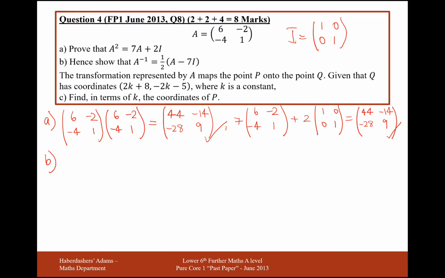So part B then looks for us to show some identity or expression or equation to do with matrices. Probably going to correspond from this equation at the top here. So A squared equals 7A plus 2I.